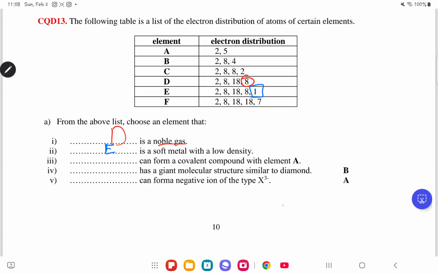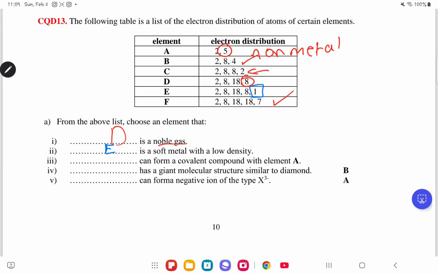Can form covalent compound with element A. Element A has 5 electrons. It doesn't need to gain, it needs to share electrons. So it can definitely share electrons with a non-metal. So very simply, 4 is a non-metal, 7 is a non-metal.